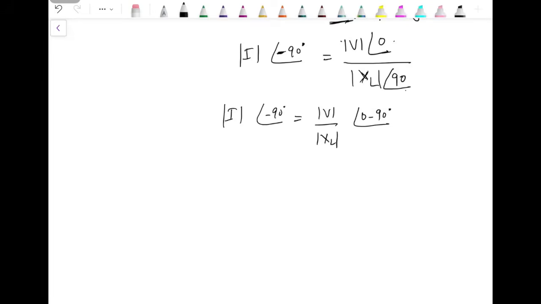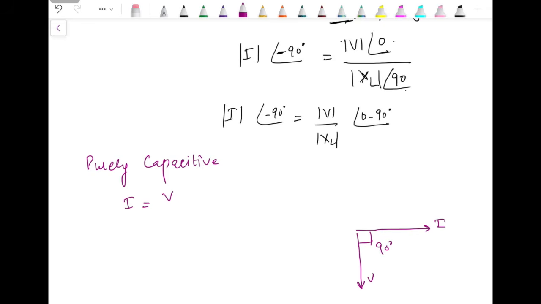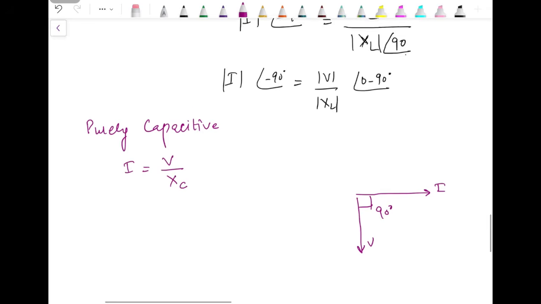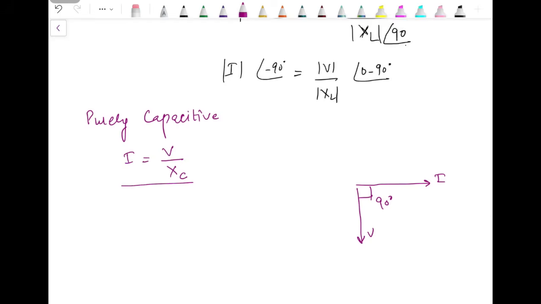Similarly, in case of a purely capacitive circuit, where current leads the voltage by 90 degree, the current magnitude is V upon XC; this is how we calculate the magnitude.